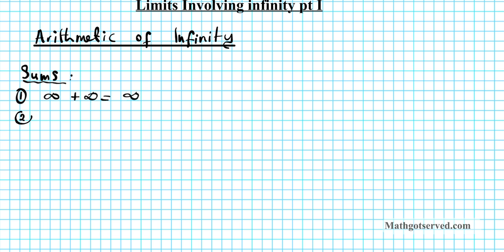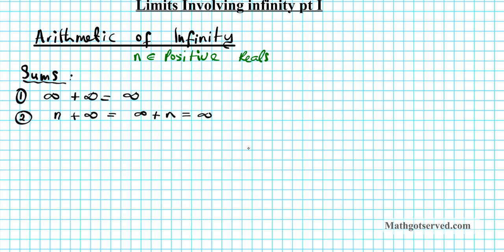Number two is n plus infinity equals the same thing as infinity plus n, and that equals infinity. And note, anytime I use n, let me just put the remark on the side. N is a set of all positive reals.